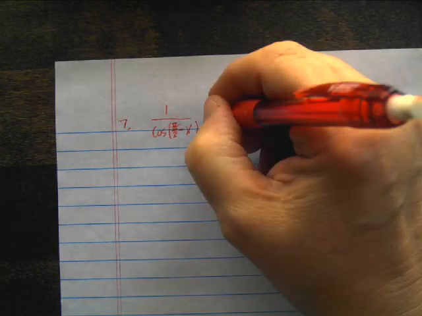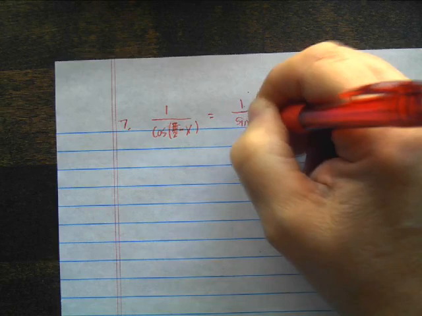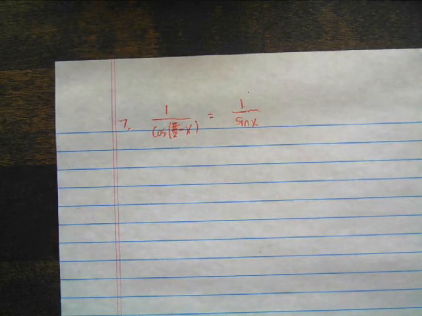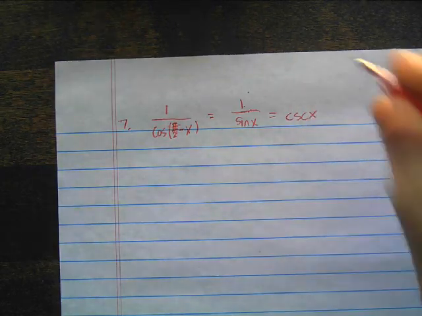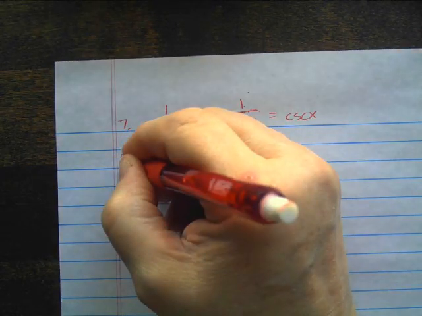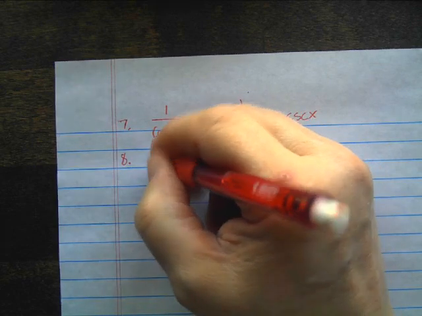And that's one of those co-function identities. And really, all I need to do there is change that to 1 over sine x, because the sine and the cosine are co-functions, and 1 over sine x is cosecant x.